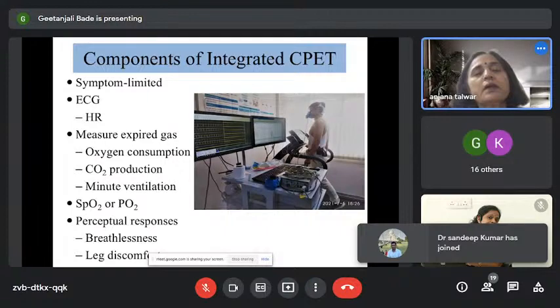In addition, if the person doesn't cooperate or has any psychiatric problem, then you cannot assess the oxygen uptake. The response would be impaired in these subjects.